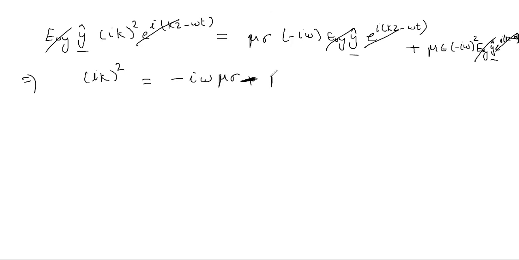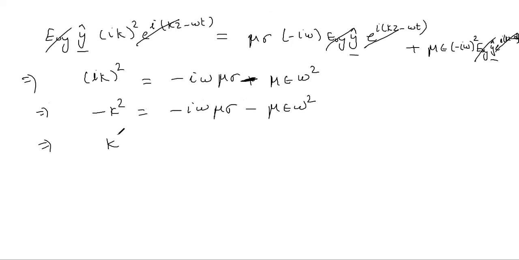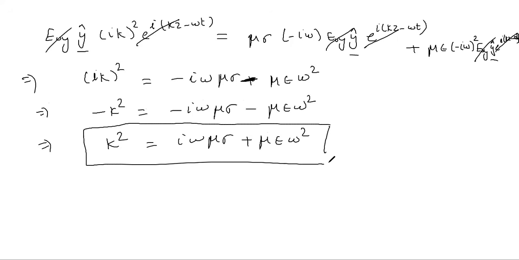You will have mu epsilon omega square. From here, minus k square is equal to minus iota omega mu sigma minus mu epsilon omega square. Minus ko, you can take it out and write it in this form. This is equal to basically k square now.